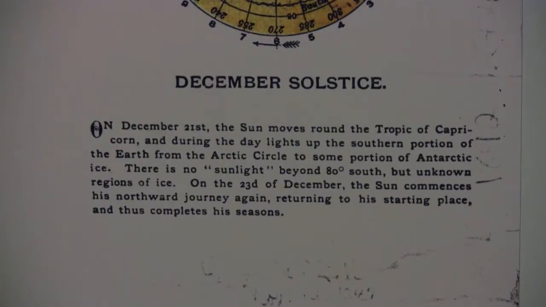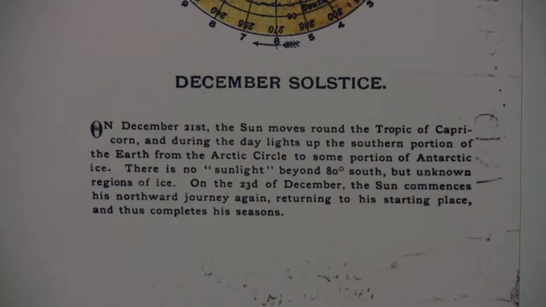On December the 21st, the sun moves around the Tropic of Capricorn, and during the day lights up the southern portion of the Earth from the Arctic Circle to some portion of Antarctic ice. There is no sunlight, and sunlight is between quotation marks here, beyond 80 degrees south, but unknown region of ice.